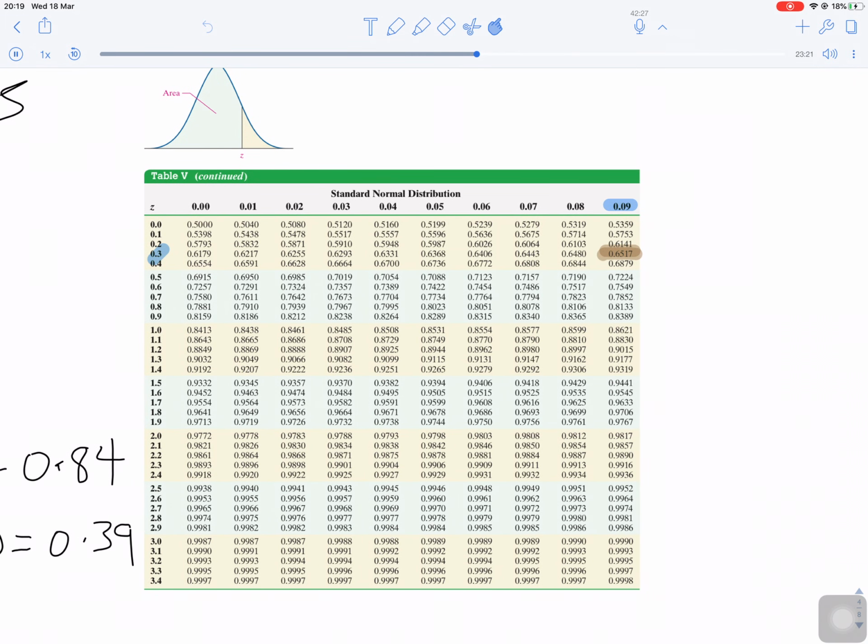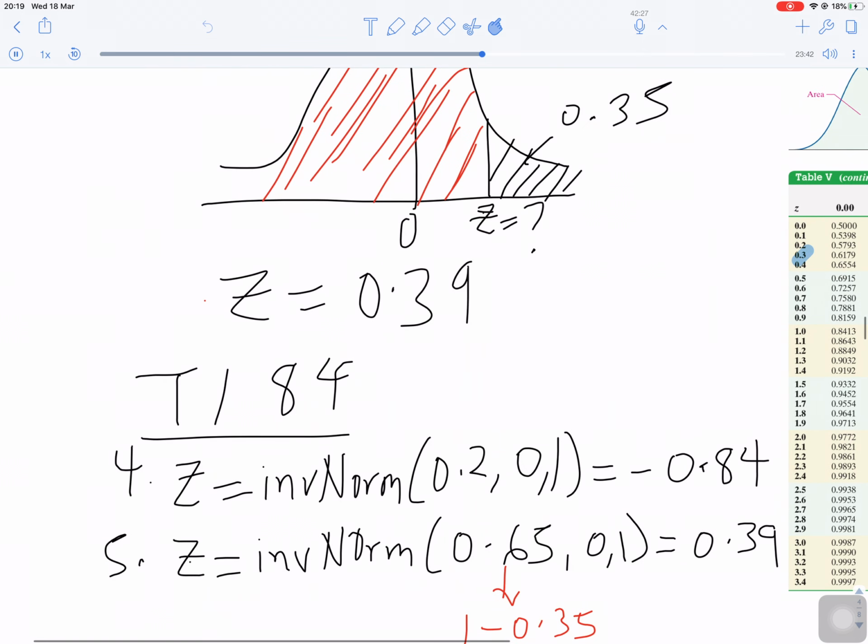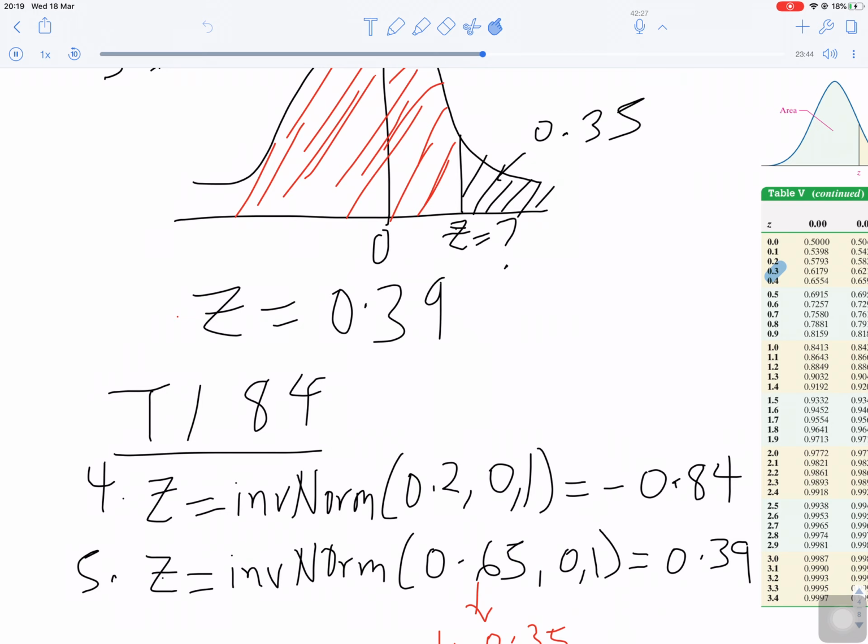We don't see 0.65 exactly, but we see that the area closest to it, which is 0.6517, corresponds with the z-score 0.39. So it means that the result for number 5 is 0.39. So that is how you use the standard normal table to do that.